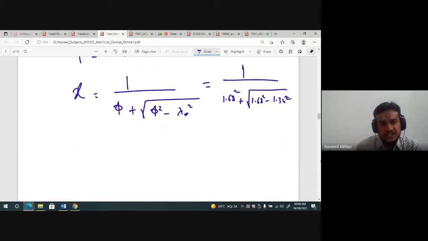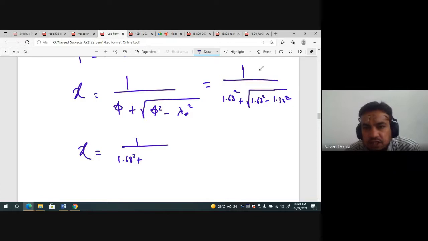So stress reduction factor chi is equal to 1 upon (phi 1.68 plus under root of 1.68 square minus 1.34 square). The under root of that is 1 point something, plus 1.68. Here there is no square on phi, only in brackets.